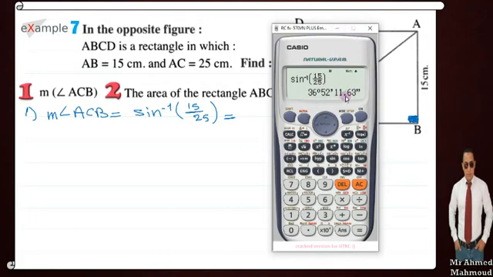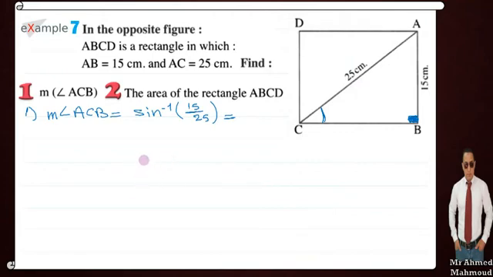This can be written as 11.63 or approximately 11 or 12. I will write it as 36 degrees 52 minutes and 11 seconds or 12 seconds. Both are correct.